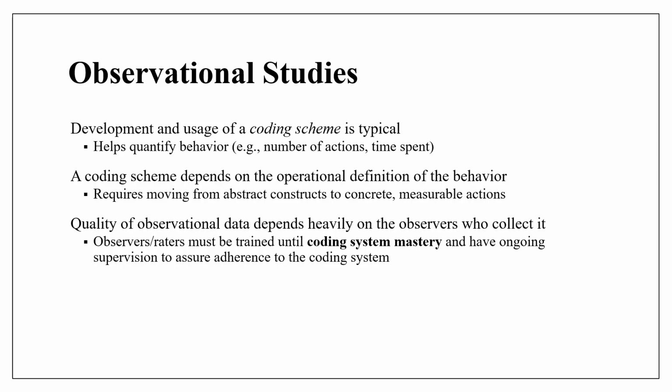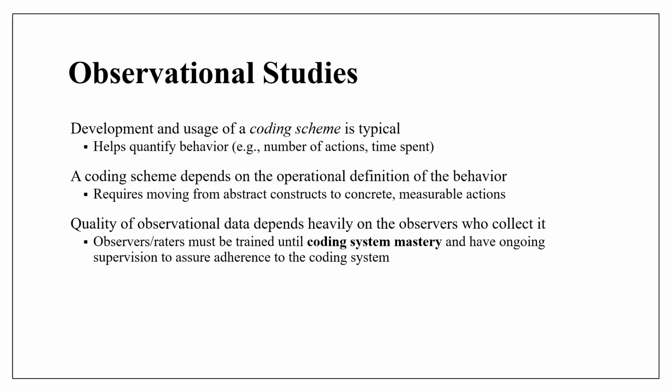And then they go through multiple rounds of practice of all of them observing behavior and coding that behavior under one of these categories, and then discussing with each other to make sure that there's agreement on what is going to be coded under each one of those things.